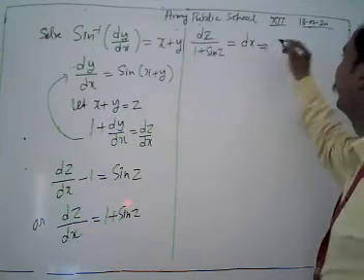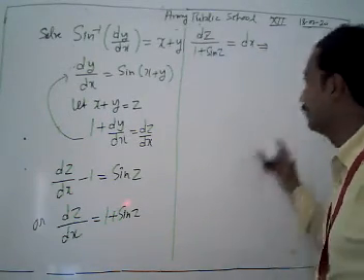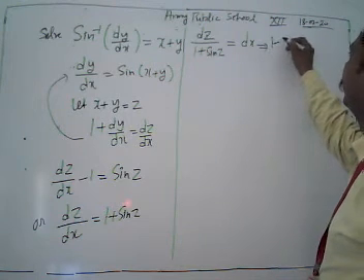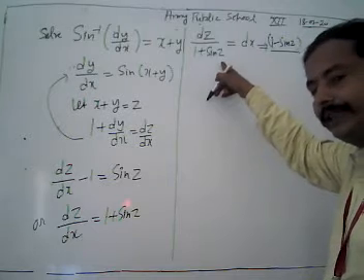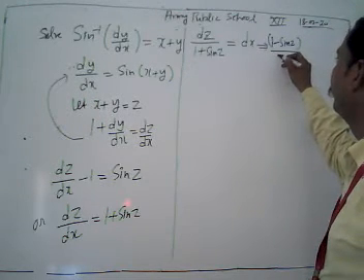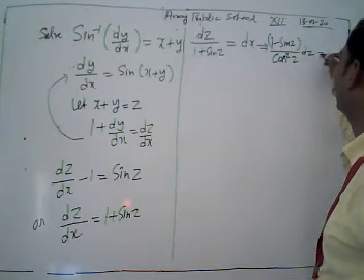Now we are going to rationalize it. We multiply numerator and denominator by 1 minus sin z. Then our problem reduces to 1 minus sin z upon 1 minus sin square z, which is cos square z, dz equal to dx.